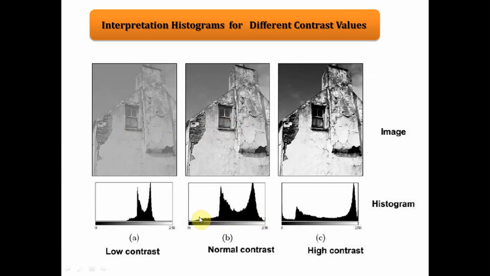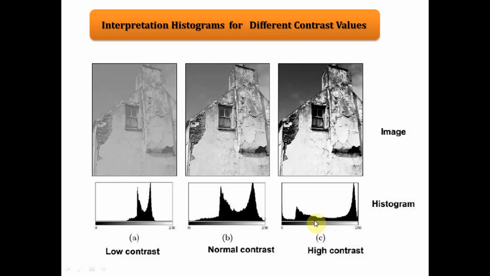Then I can modify the histogram from normal or low contrast in order to improve the image like this, where the histogram is distributed uniformly from level 0 to 256. It acquires 0 as well as 256.